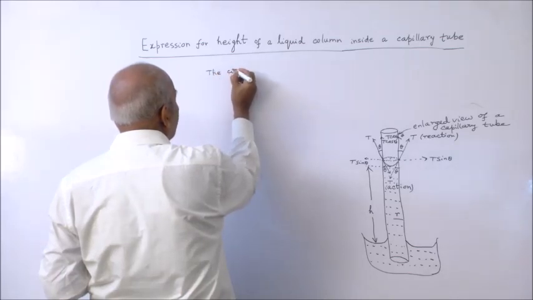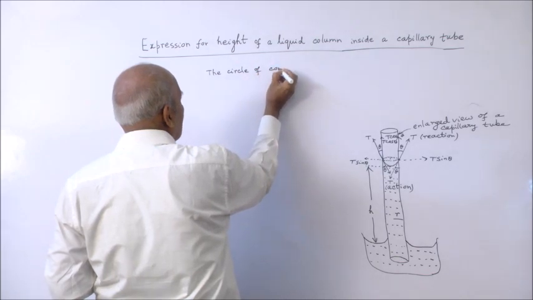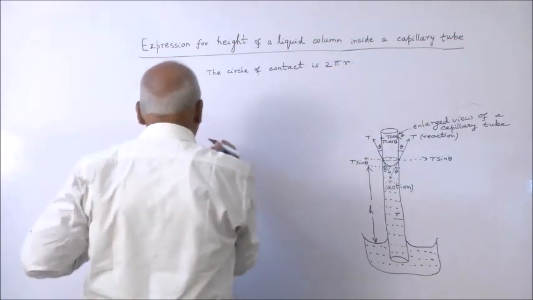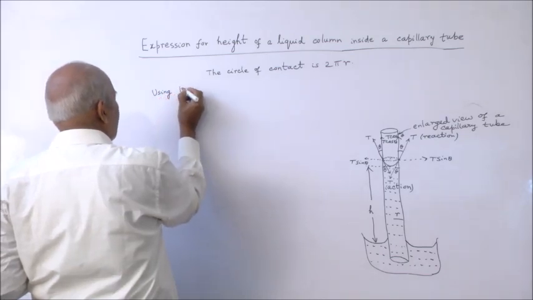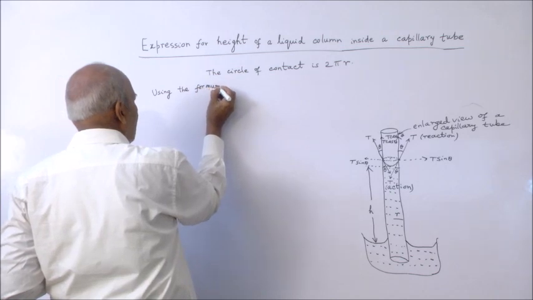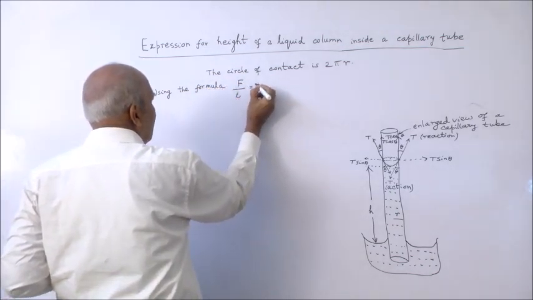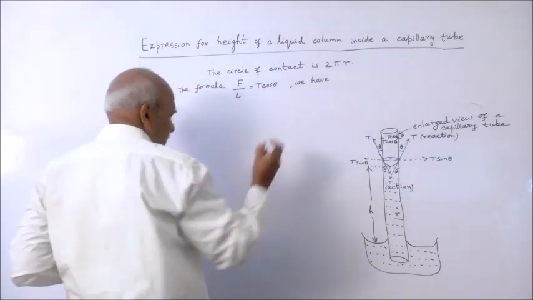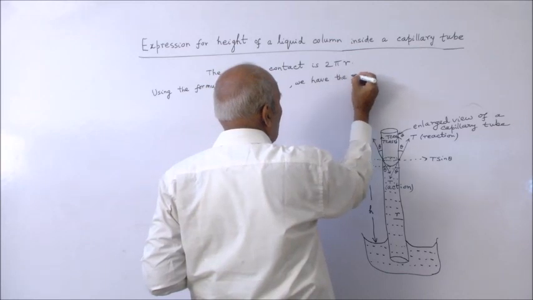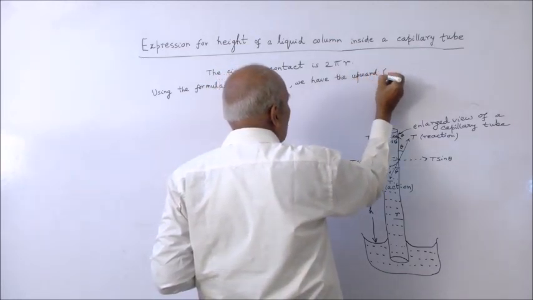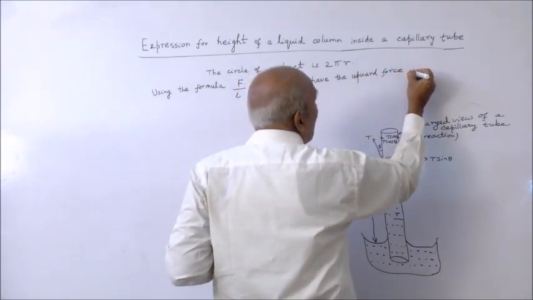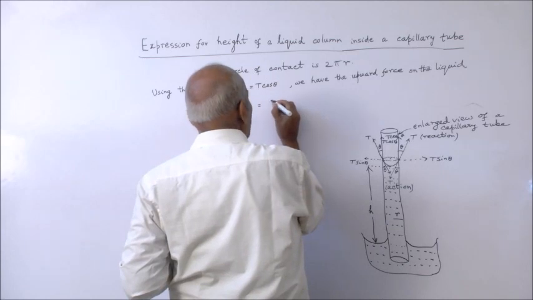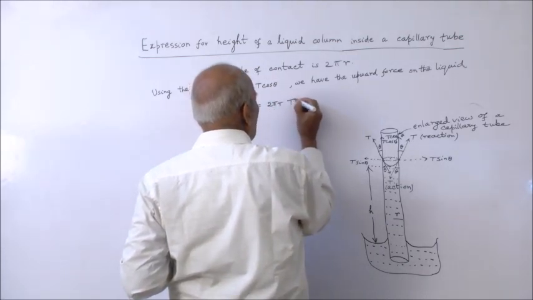The circle of contact is 2 pi r, and using the formula F by L is equal to T cos theta, we have the upward force on the liquid equal to 2 pi r, since L is 2 pi r here, times T cos theta.